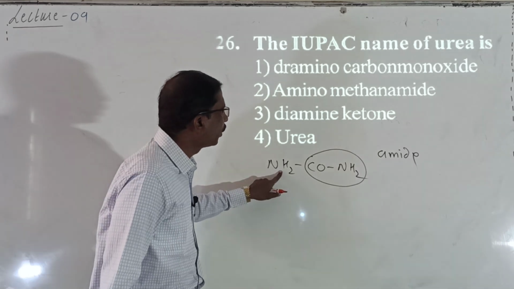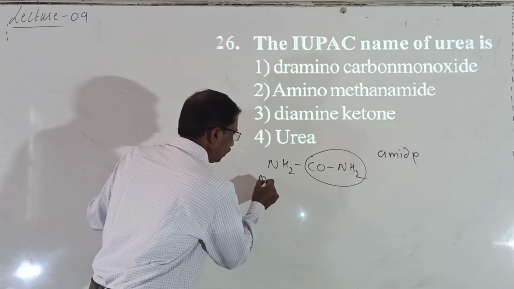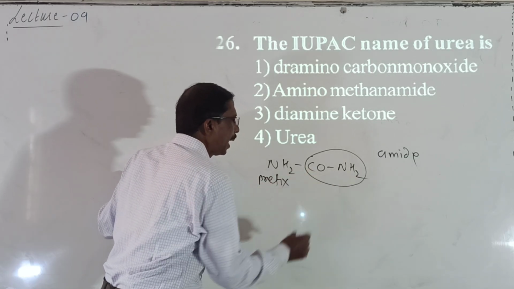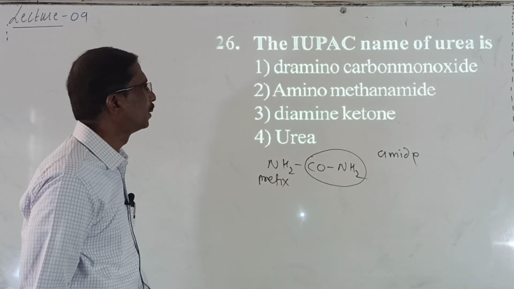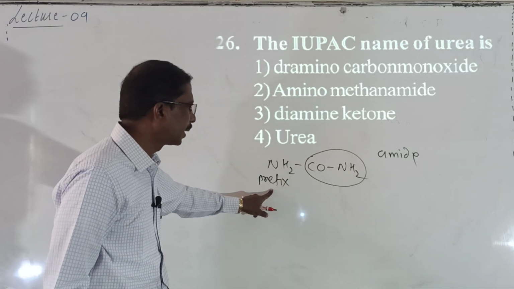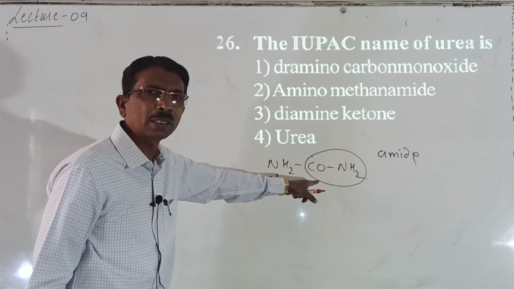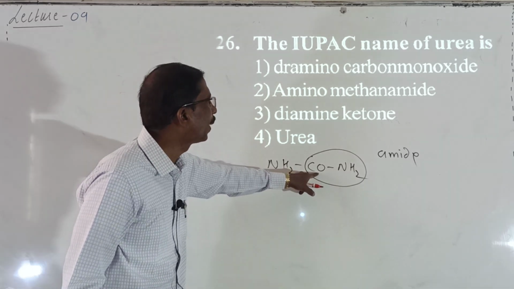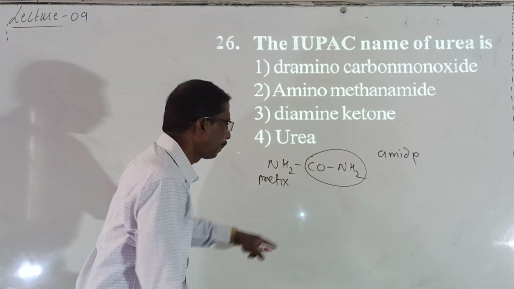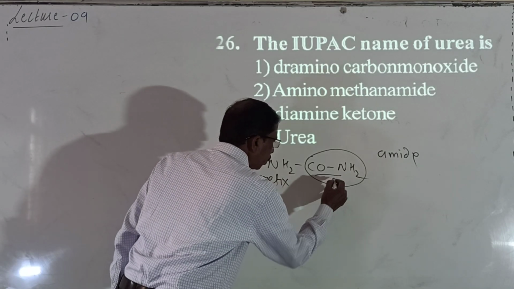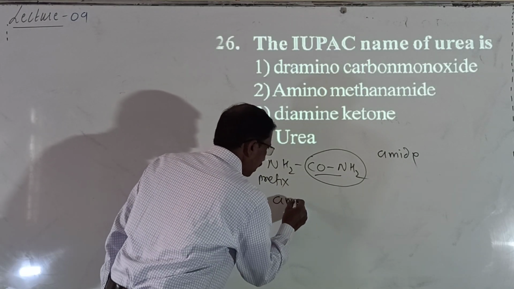So amino is called the prefix, and here the functional group is amide. The prefix is taken first, and then the root word and suffix. Root word: one carbon atom is there, so meth.